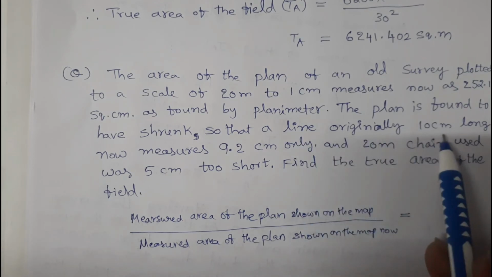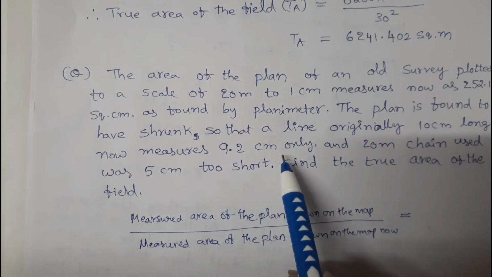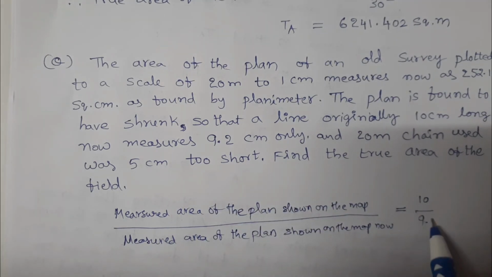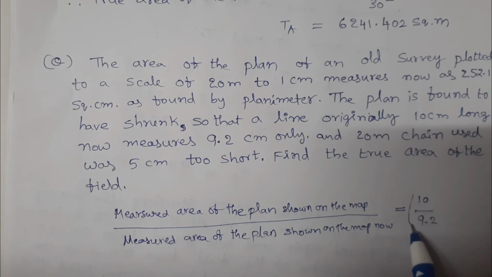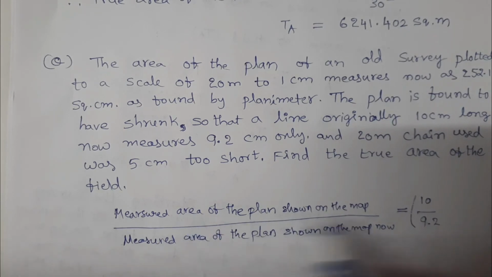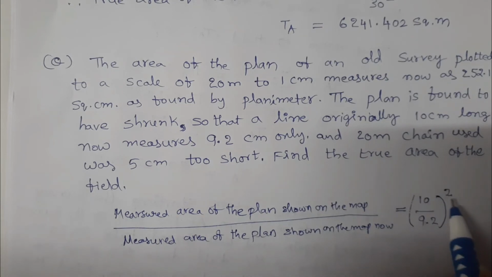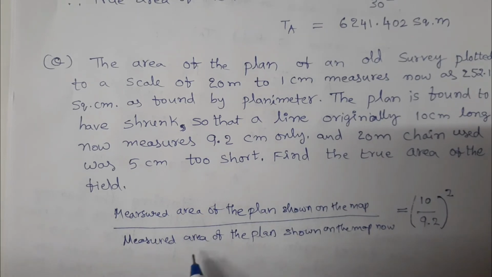On the map, it was 10 centimeter, now it is showing 9.2 centimeter. So for the area calculation, we have to take this linear dimension square.